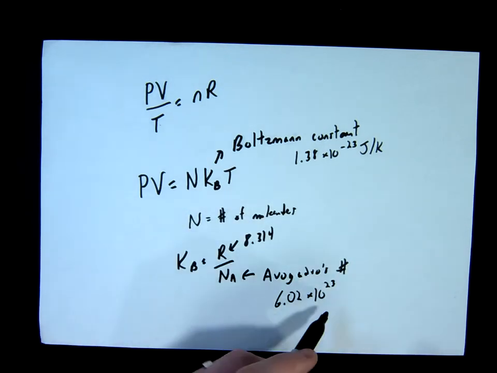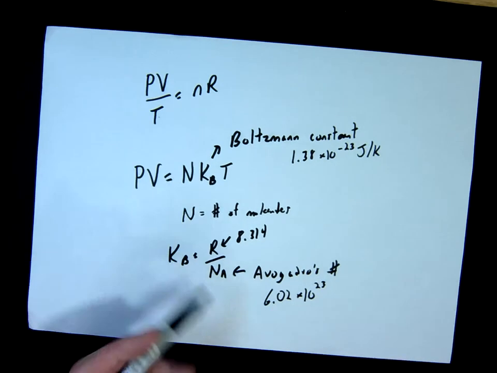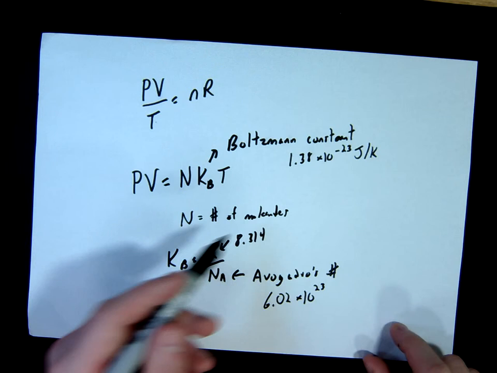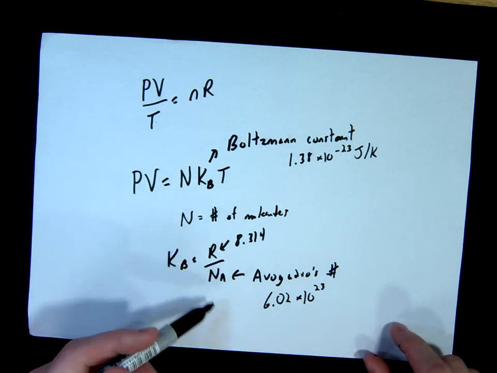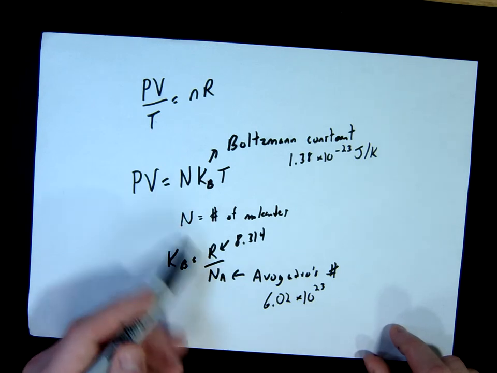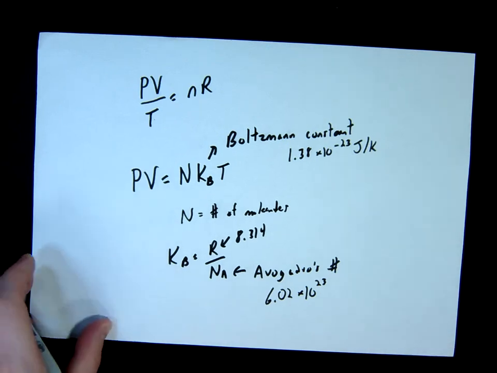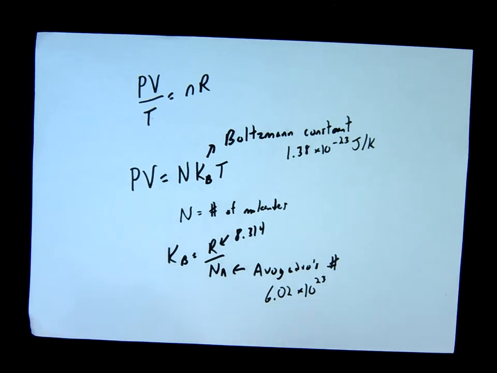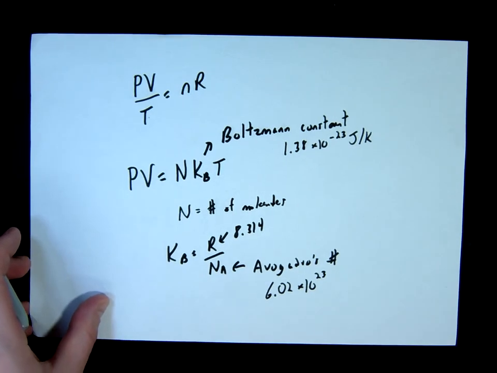For anyone who's taken chemistry, that number is probably ingrained into your memory. So that's where k_B comes from: it's basically dividing by Avogadro's number. And of course, if I take moles and multiply by Avogadro's number, it'll give me the number of molecules, and that's why they end up canceling each other out. So there's a little alternative formula that you may have to use as opposed to the one given before.